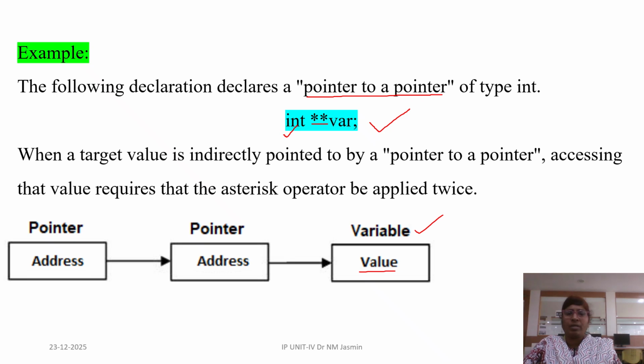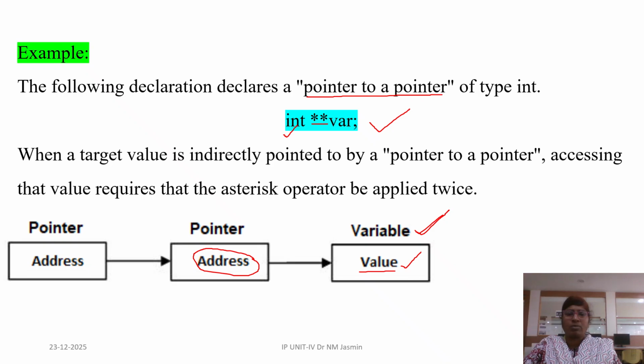According to this picture, the variable is assigned a value, and this value has some address. That address is held by the first pointer.